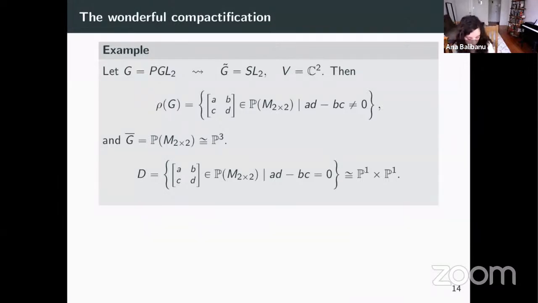And if we look at the boundary, the divisor consists of matrices with determinant 0. And via the Segre embedding, we can see that this is just a product of two P1s. And P1 is exactly the flag variety of SL2. So this fits into the picture on the previous slide. And now the boundary just has a single irreducible component, which is P1 cross P1.